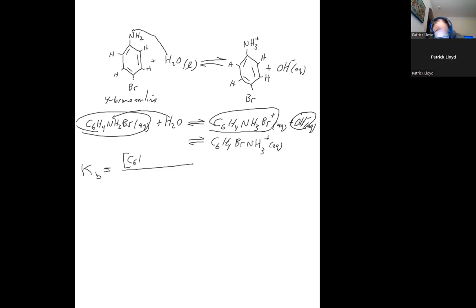So C6H4NH3Br plus, times OH minus, over C6H4NH2Br, that's the way I was writing it. Again, water's left out because it's a liquid. So products over reactants.